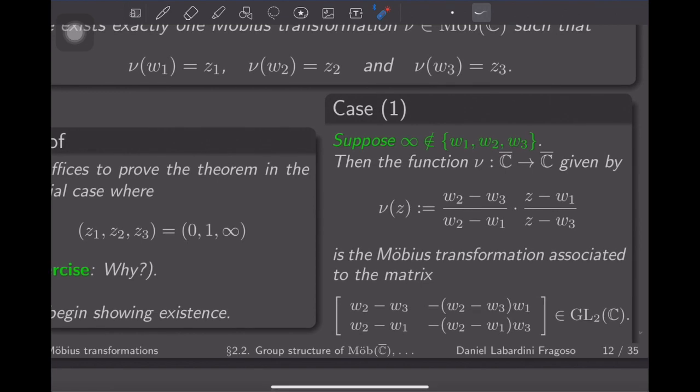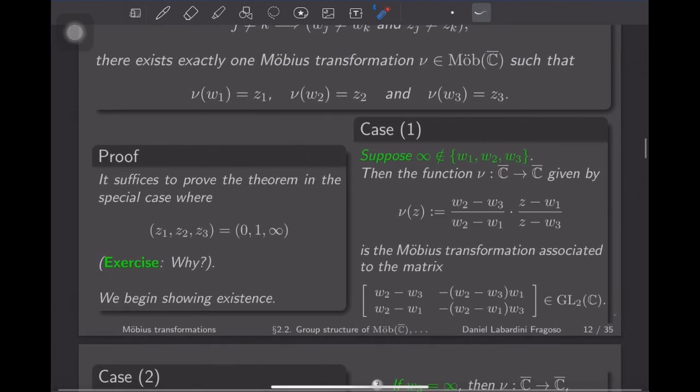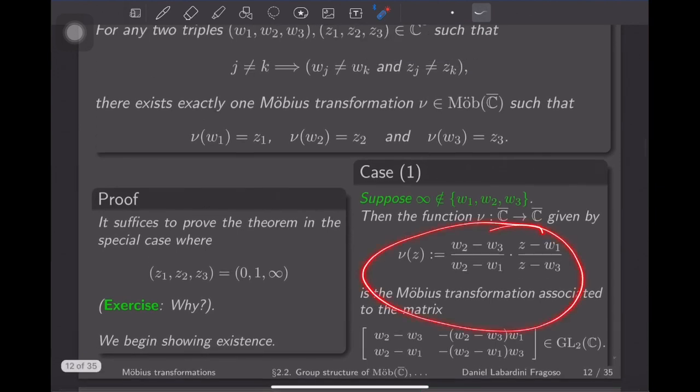Okay, and then what can one do? Here is some formula, but how do I get that formula? One wants to send W1 to 0. So one wants Z minus W1 in the numerator, because when I plug in W1 instead of Z, it vanishes. Then I want to send W3 to infinity, so I really need Z minus W3 in the denominator.